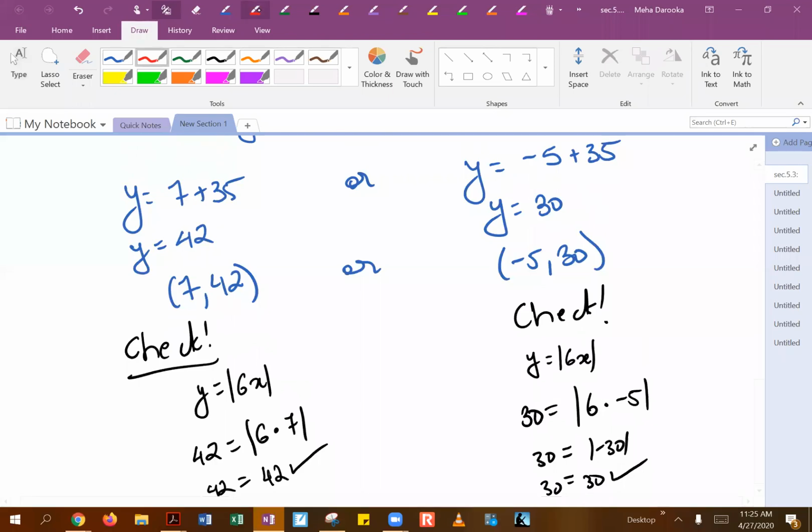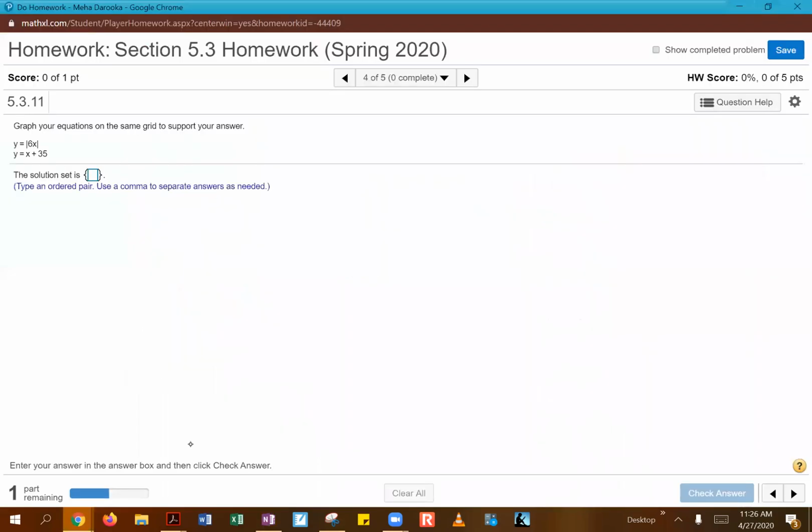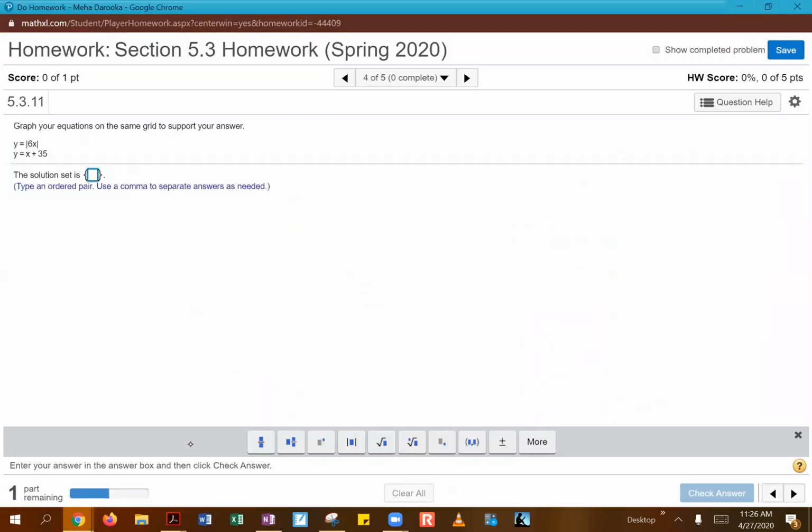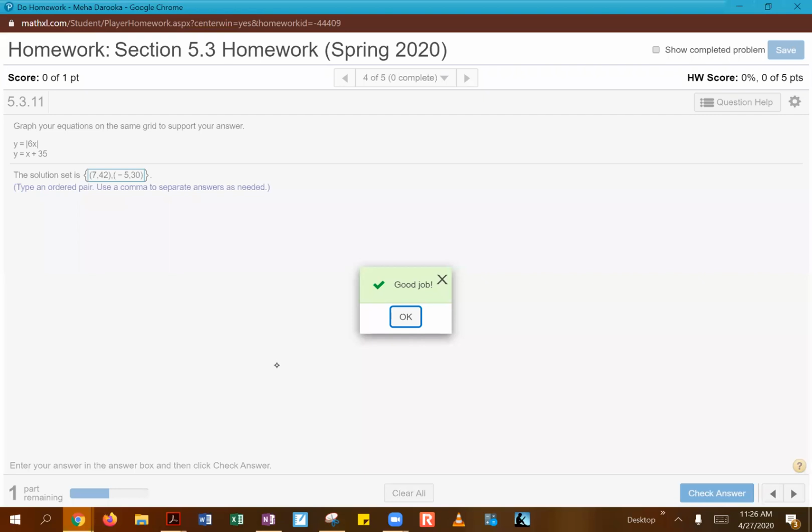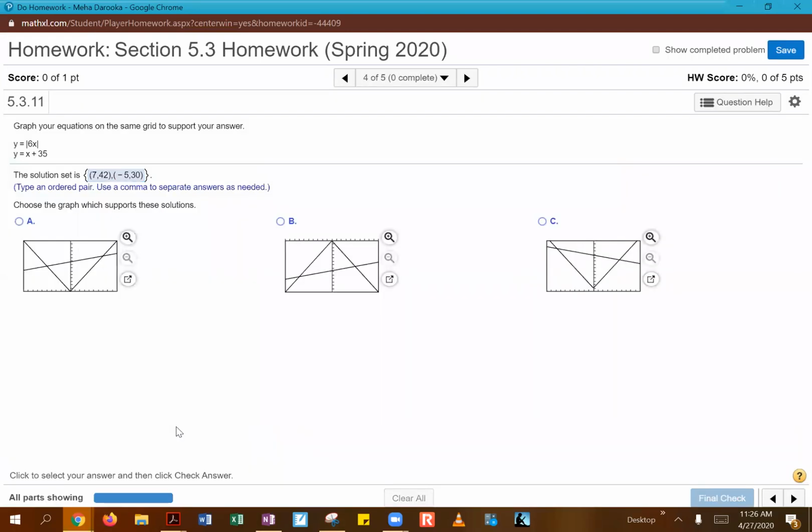So we've got 7 and 42, negative 5 and 30. Okay, so these are ordered pairs, and they're just asking us to use a comma to separate them. All right, there you go.